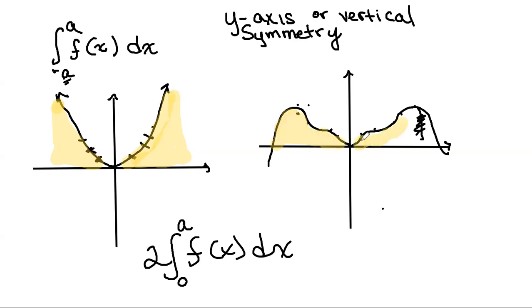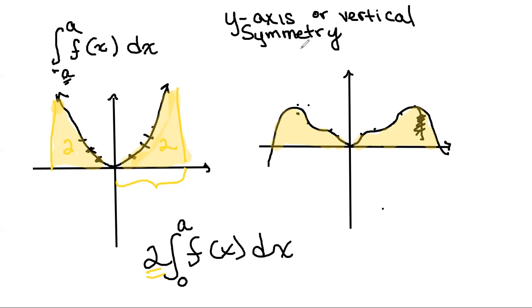Whatever you get for the area here, let's say you get 2, that would be the same area here. So basically, you could just evaluate from here to here, find your area, and double it. That's where you get the double.